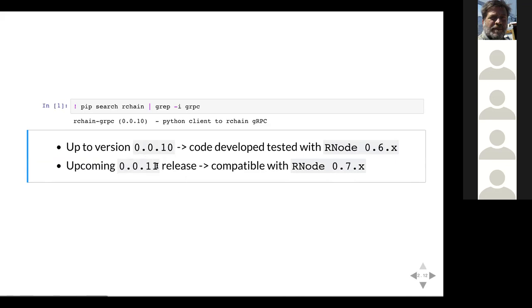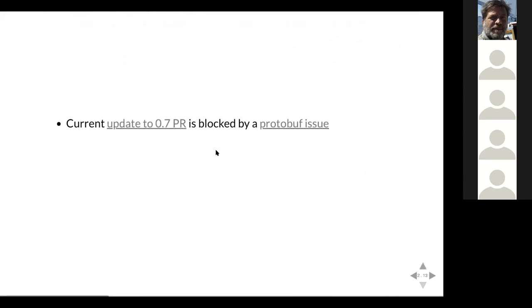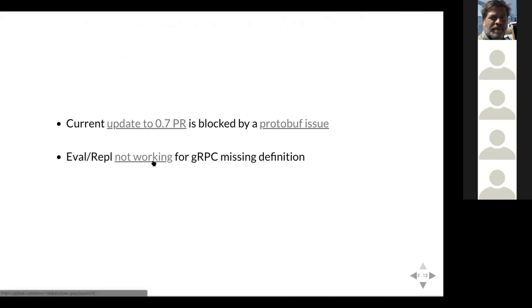I will not recommend using this one for now, because the PR is blocked by a bug issue that I encountered last week. Also, we didn't really understand why, but eval and repl commands are not working with the current Python gRPC missing definition. So we have to open an issue for that too. We didn't have much time, but we'll do that.